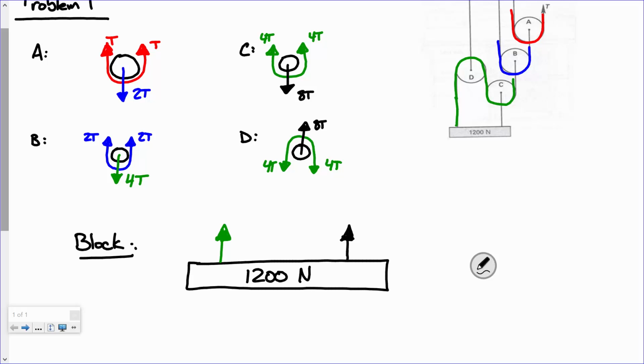So on the left, what's the tension over here? 4T. What about on the right? What is it? There we go. So if equilibrium tells me that everything going up has to equal everything going down, what's T? Answer's A.